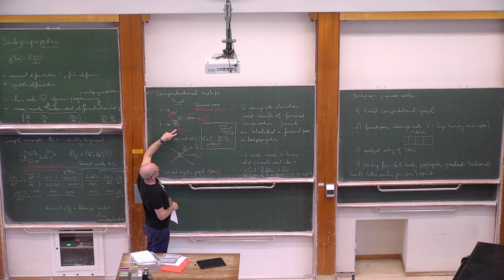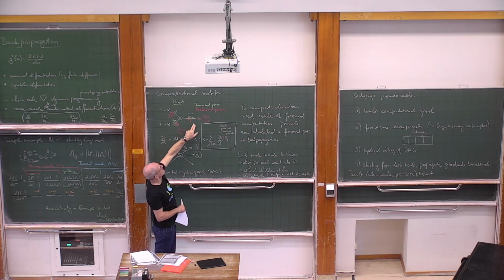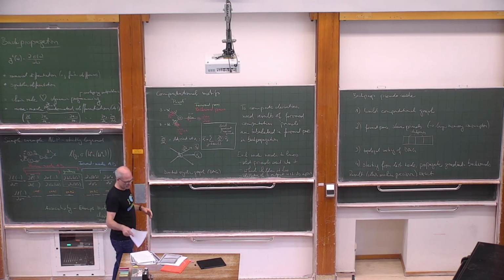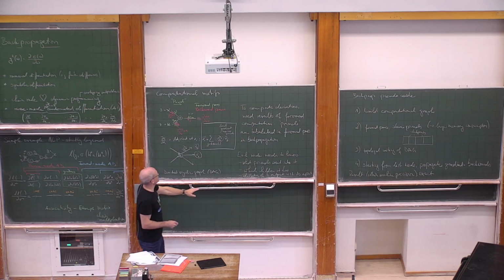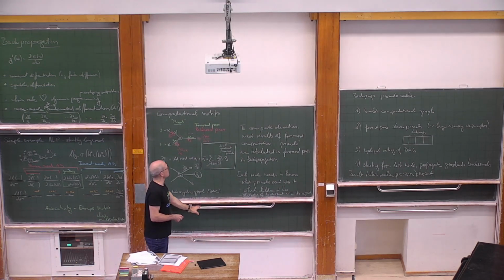And this is hard coded for each node. And if this formula is correct, then it is applied with specific numbers that you get in the course of your backpropagation.